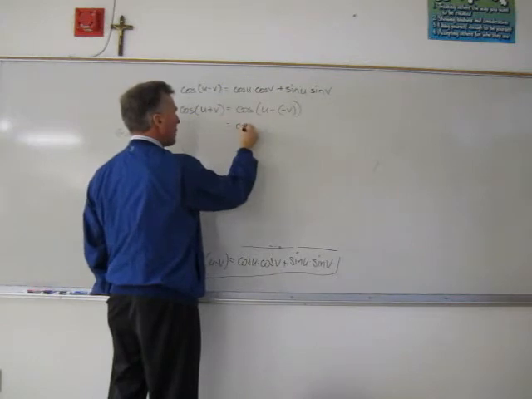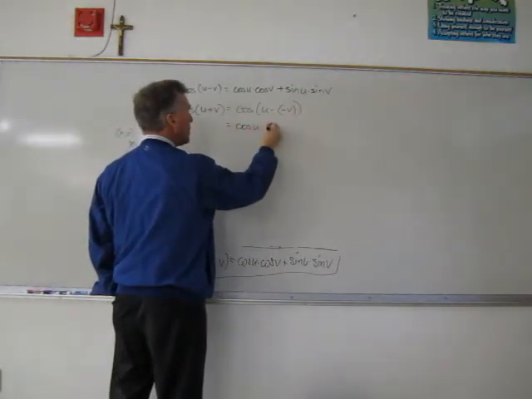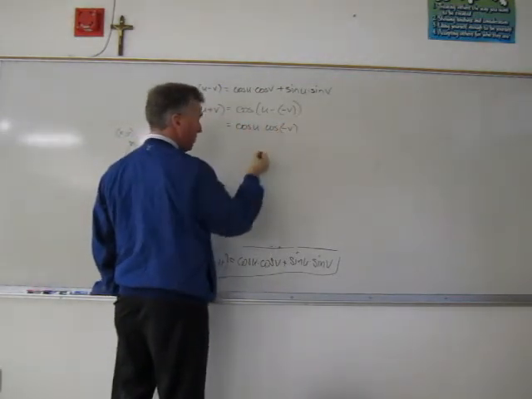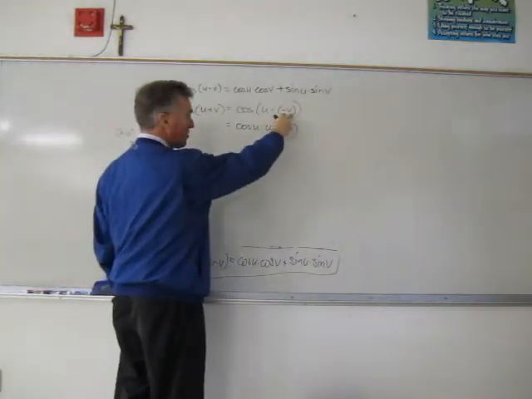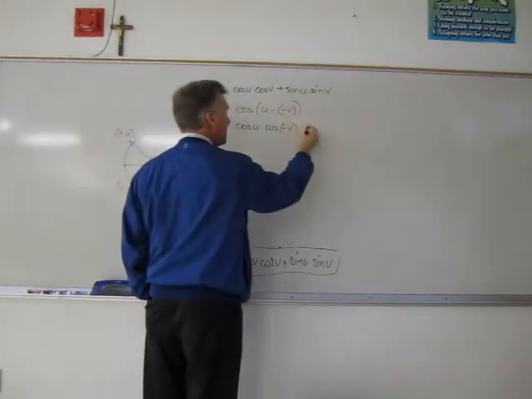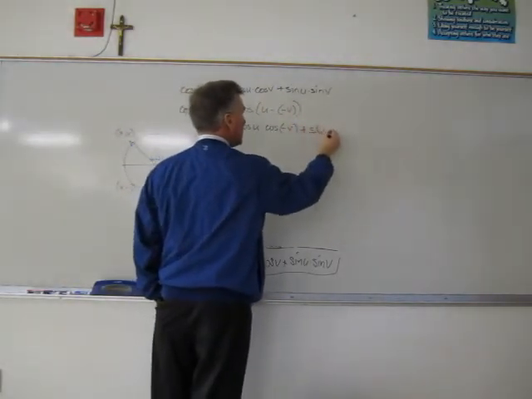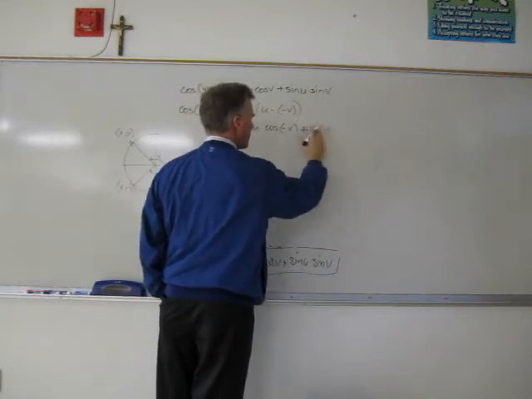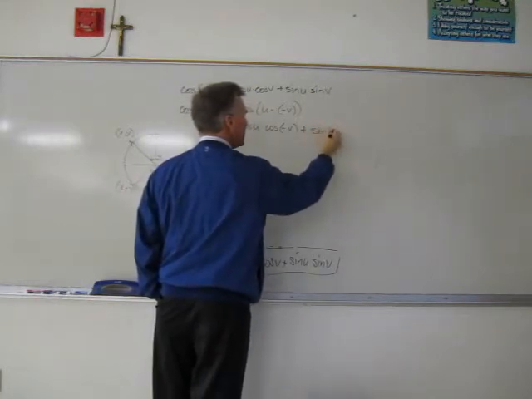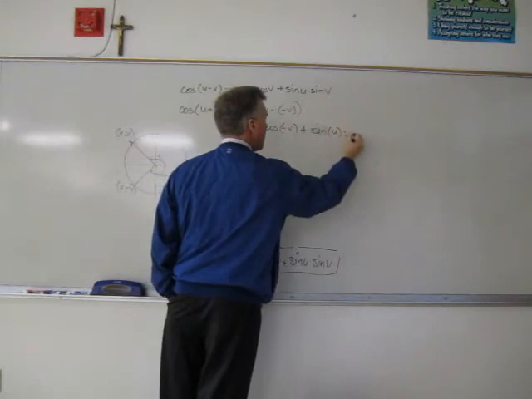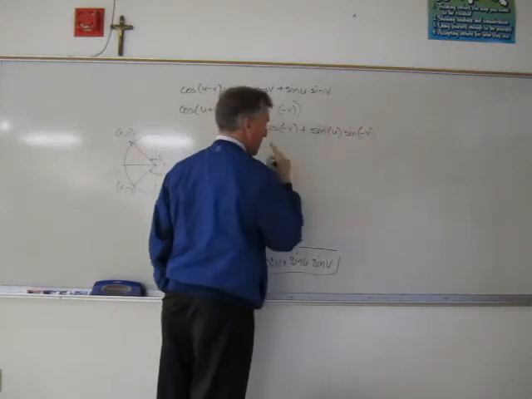So I write cosine of u, cosine of minus v, because minus v is my second angle, plus sine of u, sine of minus v.